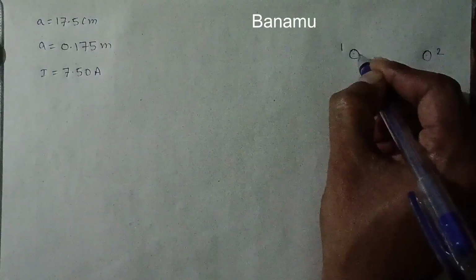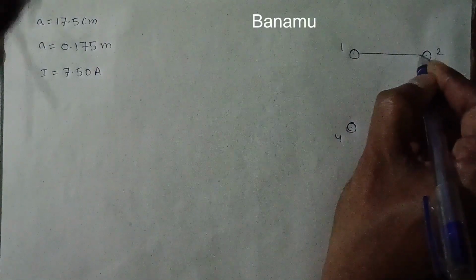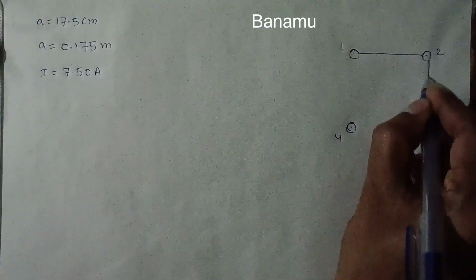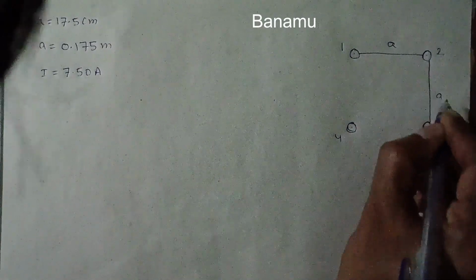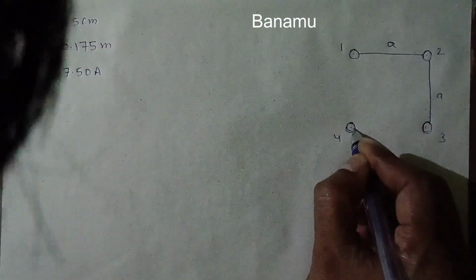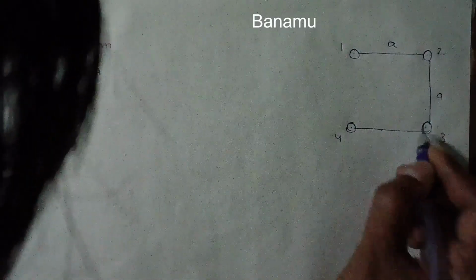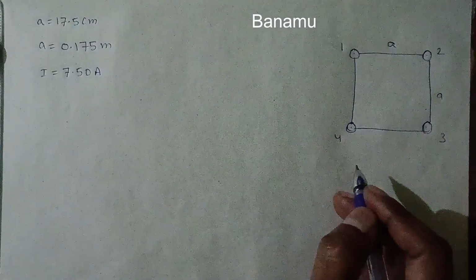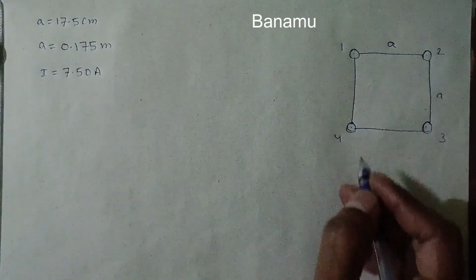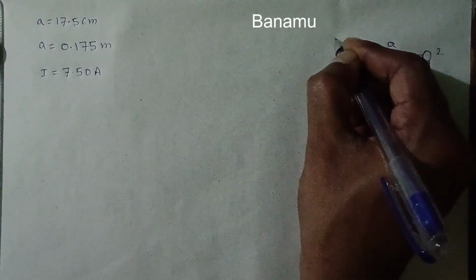The wires are at the corners of the square, and each side length is a. So the current in each wire is I.